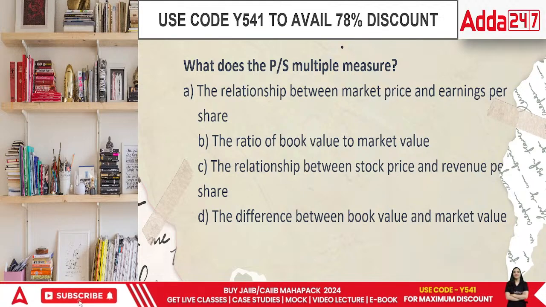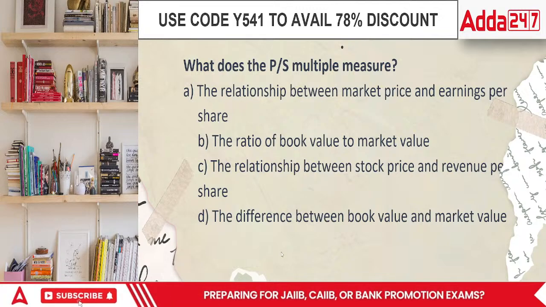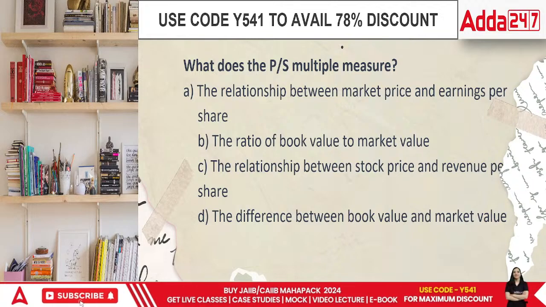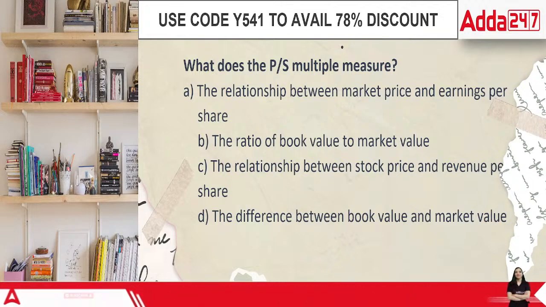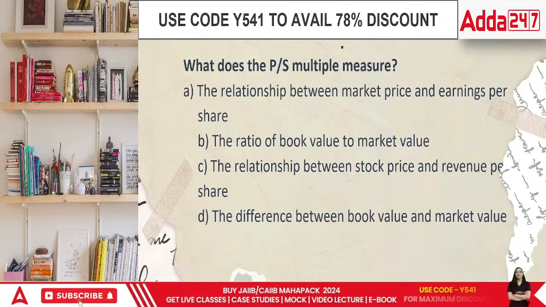When we talk about price and sales multiple, this takes the portion of revenue of the organization. So find the place in the options where you have sales. PS multiple is actually price upon sales. So I think C is the answer. They have a relationship between the stock price and the revenue per share.